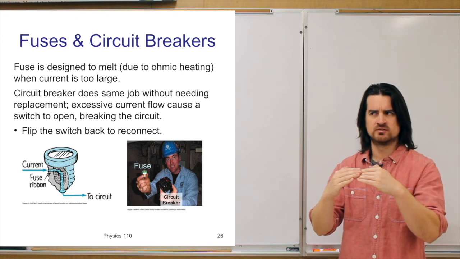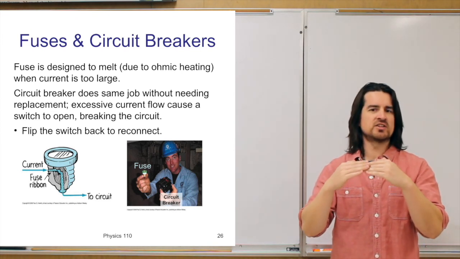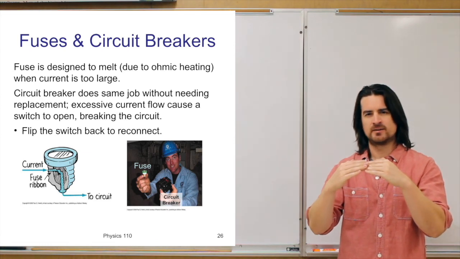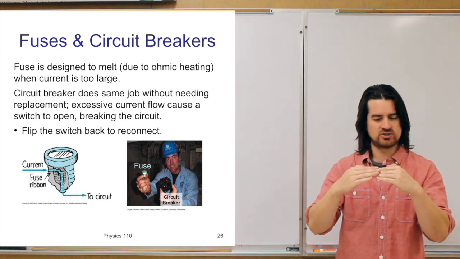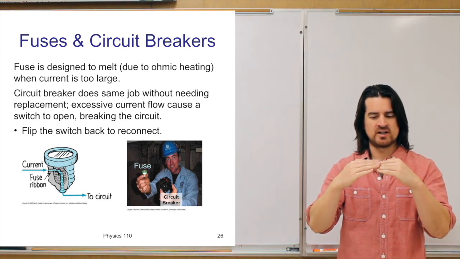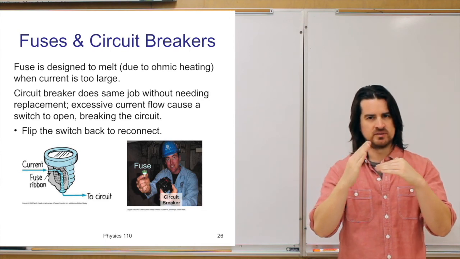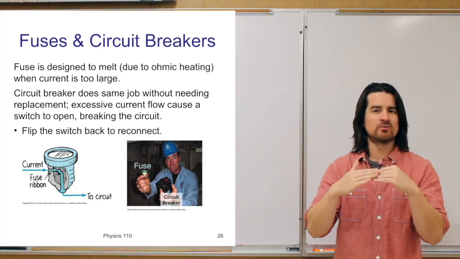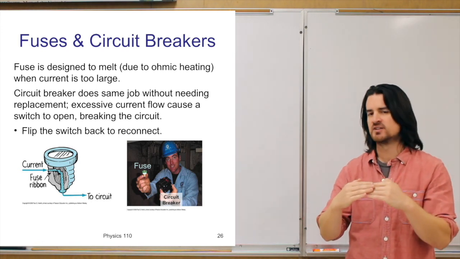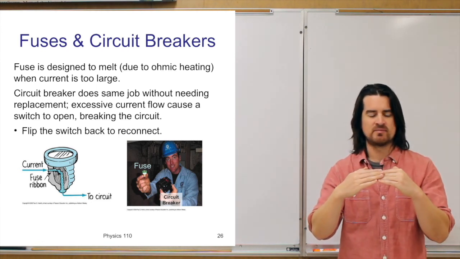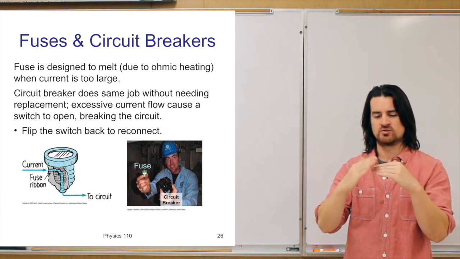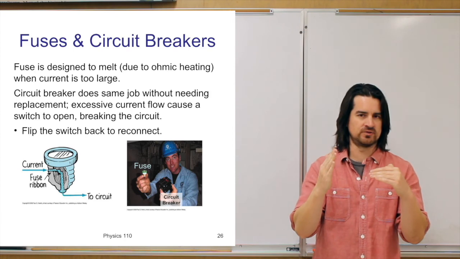But essentially when enough current flows, it causes a magnetic force to arise that pulls that switch open. So don't worry too much about how that works. I think we'll probably talk about it next time. Essentially enough current flows, it's like a magnet switches on and it pulls that switch open. So then you've broken the circuit, no more current flows.